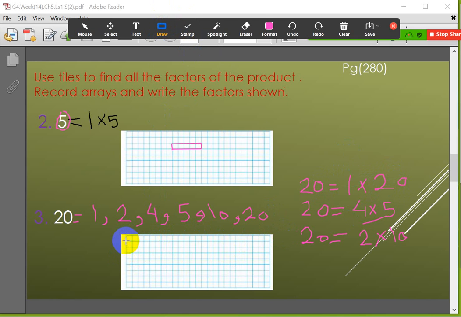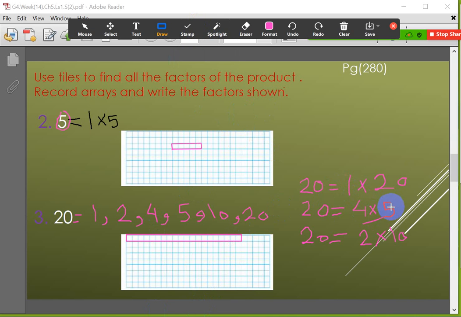So count 20: 1, 2, 3, up to 20. This is the 20 and 1 in the vertical way. This is 1 multiplied by 20.